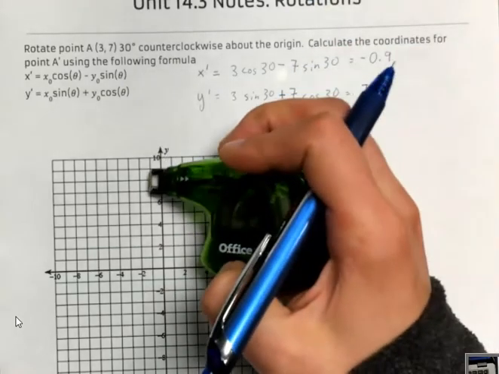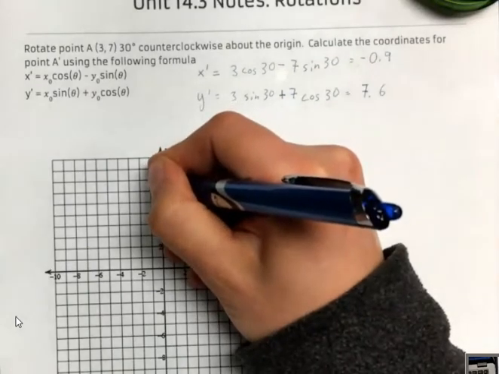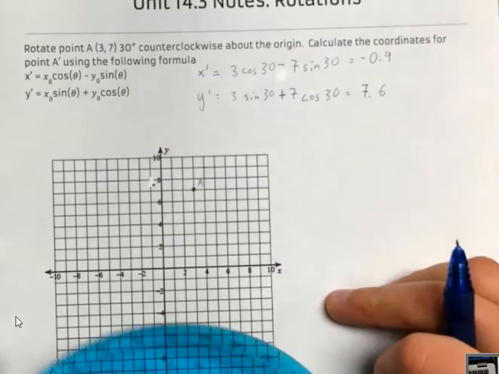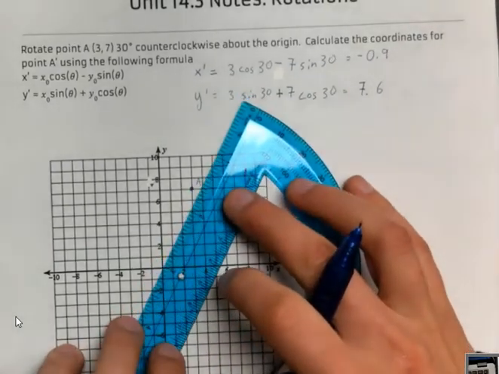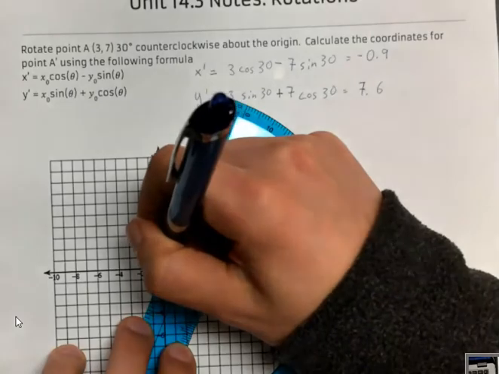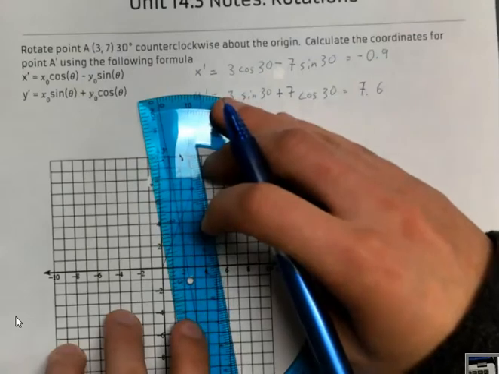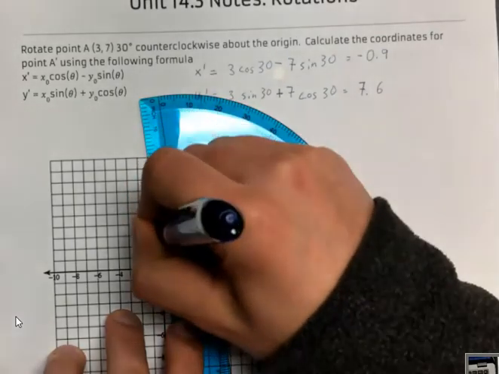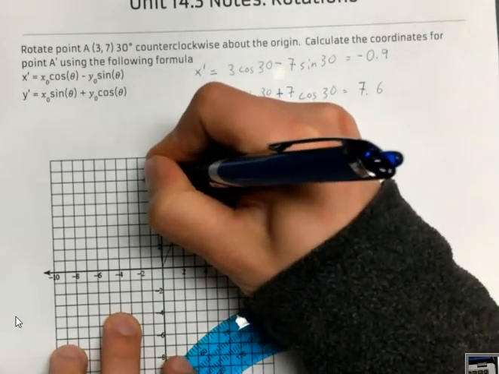Oh, actually 7.6 should be closer to the middle of that, so right around here. I'm going to go ahead and connect those to the origin, and you'll see why in just a minute. And that's up here is my A prime.